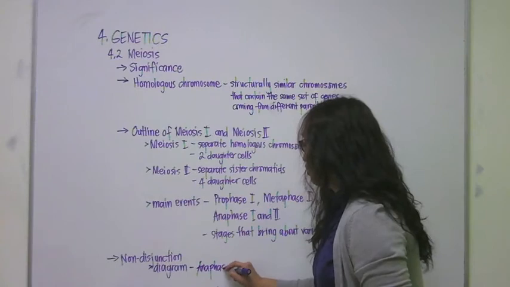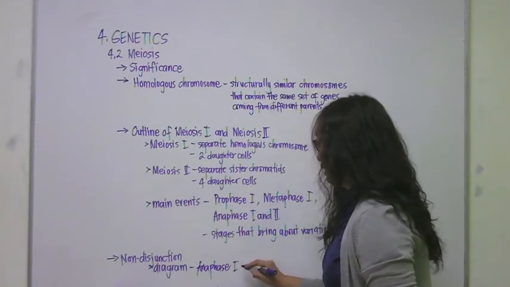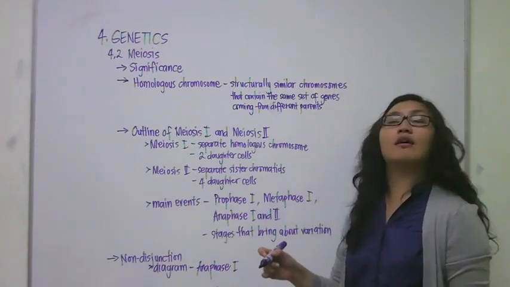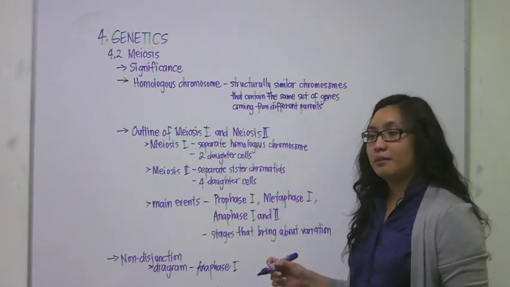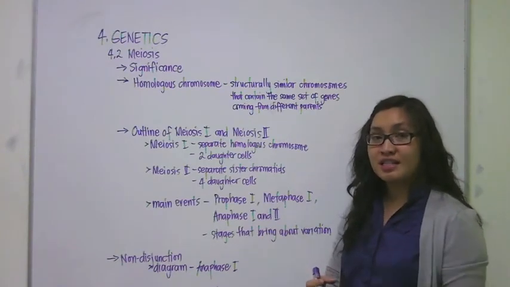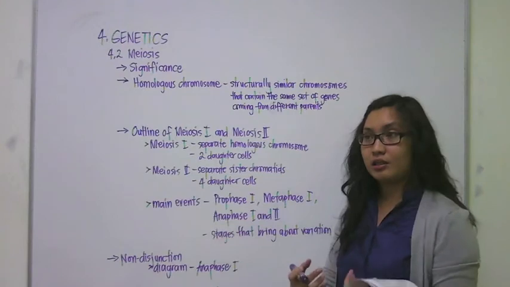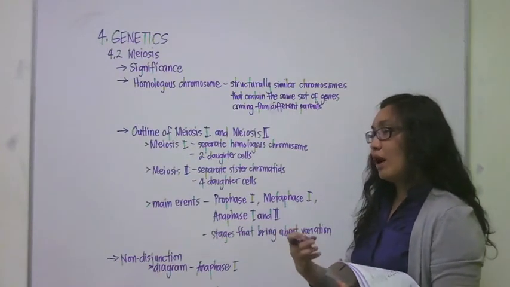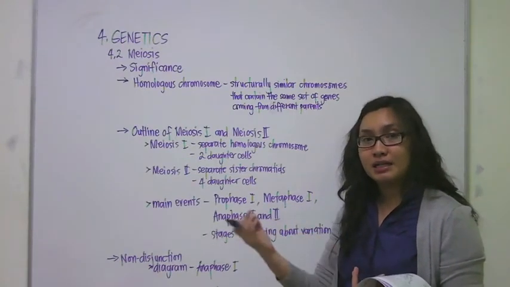So we can show the students that in anaphase 1, instead of the two pairs of chromosomes separating equally, one of the chromosomes failed to separate.